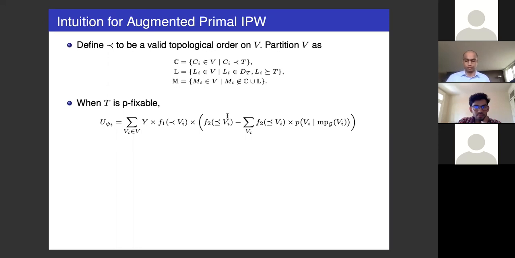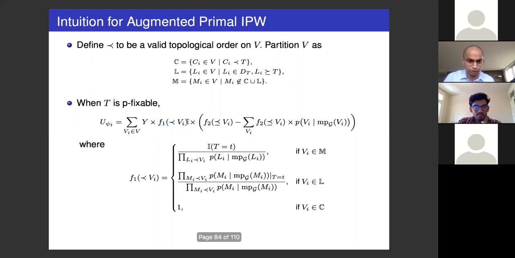It's essentially a product over stuff in the future of V_i and then you just sum it out. And then you subtract off a conditional expectation of V_i given its Markov pillow. So we're going to focus on this F1 term because that's the most interesting part of this influence function.